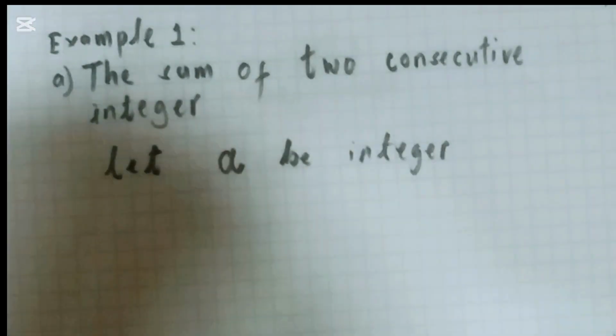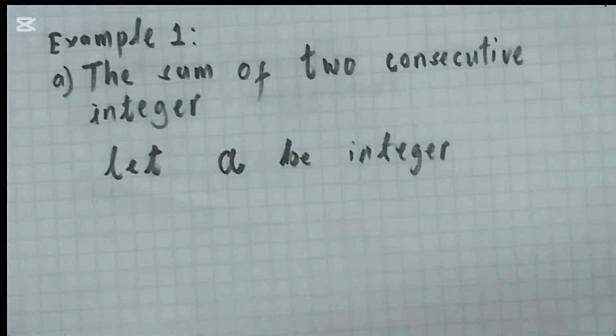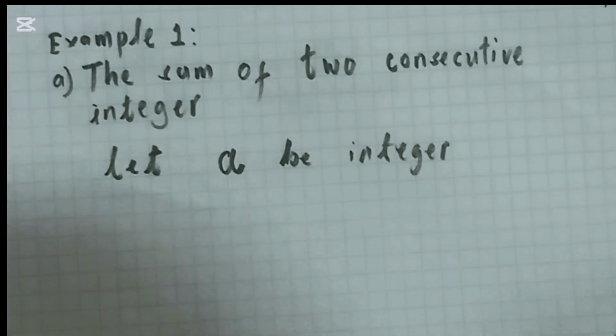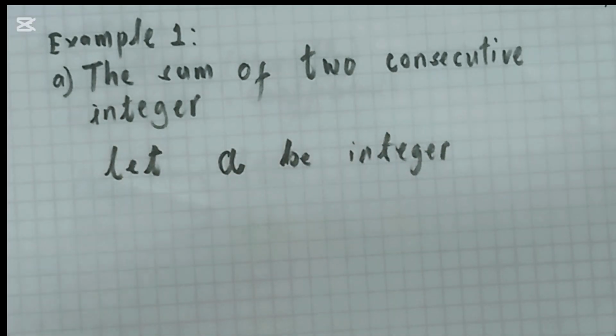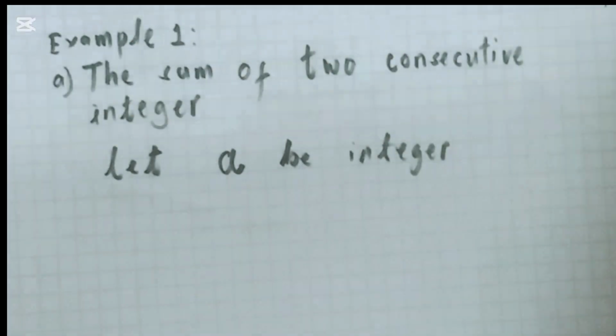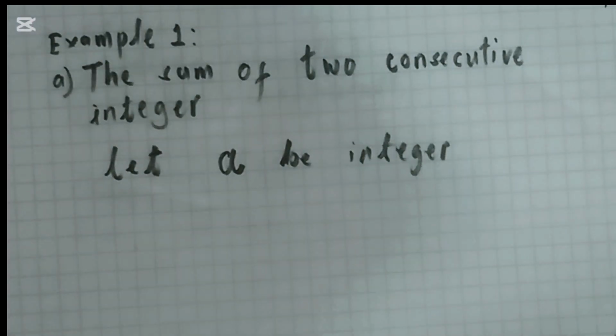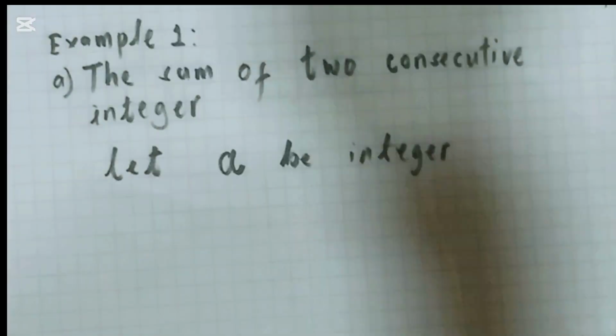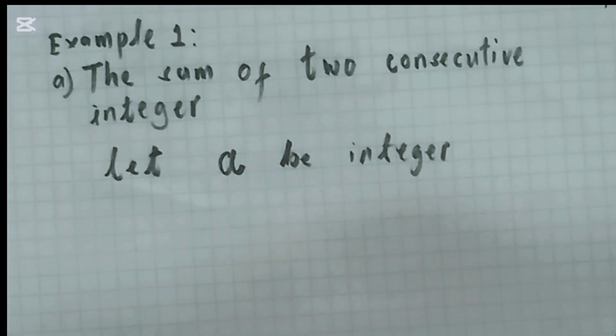So A is basically a variable. It can be any integer. And if we are to find the integer that comes after A, then note it will have a difference of 1. Whatever integer you take plus 1 should be the next integer after A.